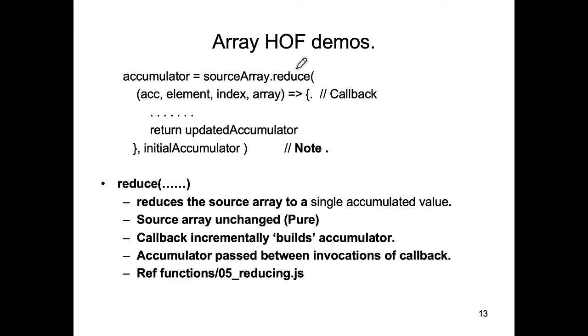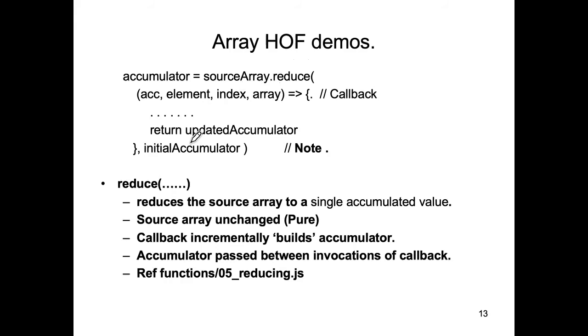So unlike filter and map, what reduce takes is a callback, which they all have so far, but it also takes, way down here, the initial value for your accumulator. Now, working out what the initial value is can be straightforward, or it can involve a little bit more thinking on your part.